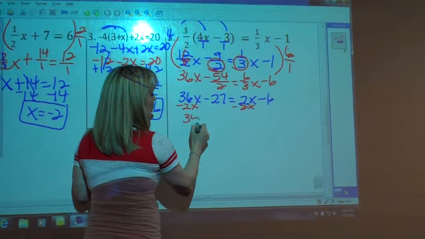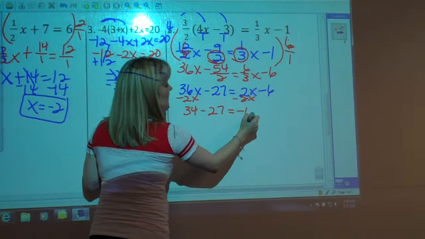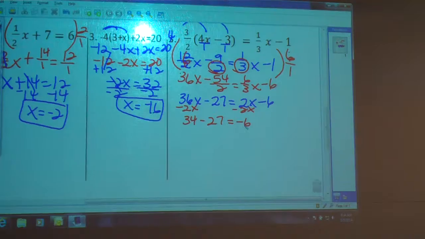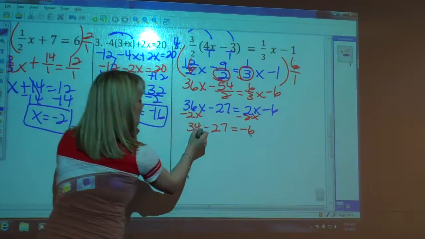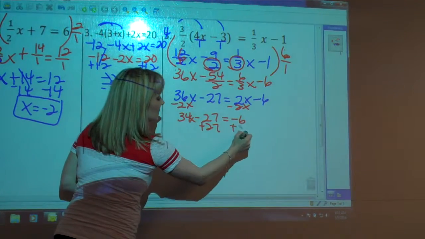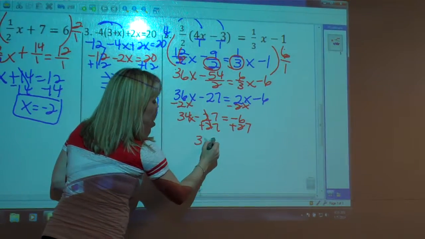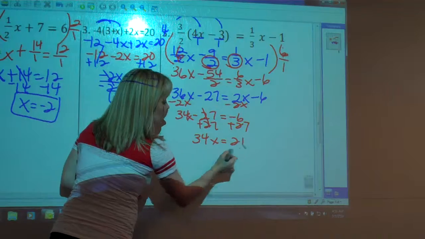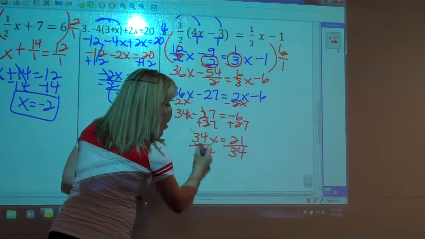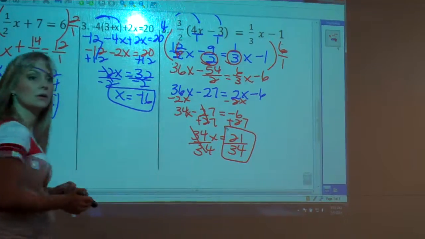And we have 34x minus 27 equals negative 6. And then what am I going to do? I'm sorry, this is an x. I forgot the x there. So I'm going to add 27. So I get 34x equals 21, divide by 34, and unfortunately it doesn't simplify, so that is our answer.